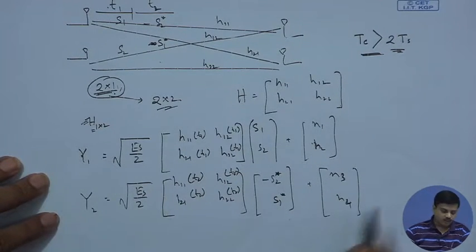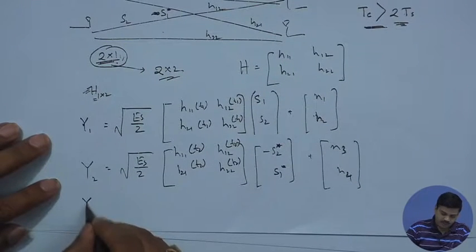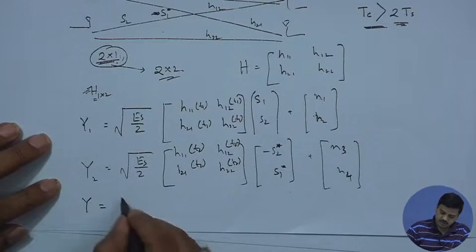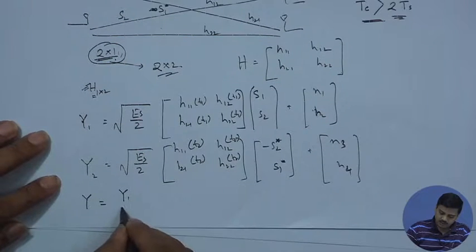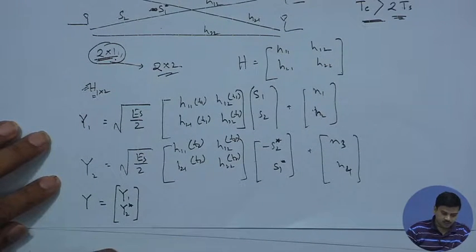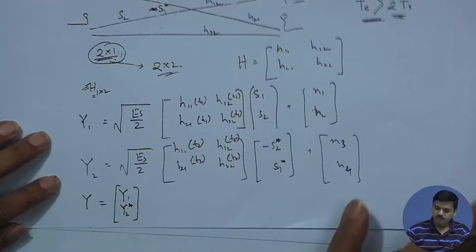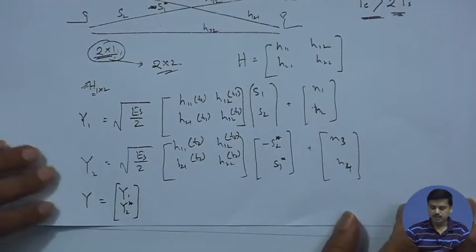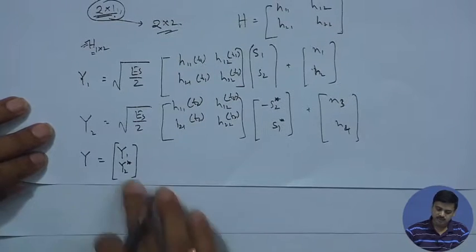So this is the overall signal space that we have, and the signal that we need to construct is the Y1 vector followed by Y2 conjugate. If we construct the signal in this way, we will be able to decode the signal that is being transmitted. This is what we did in the previous case.